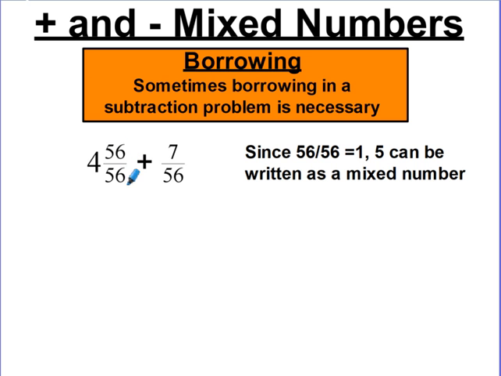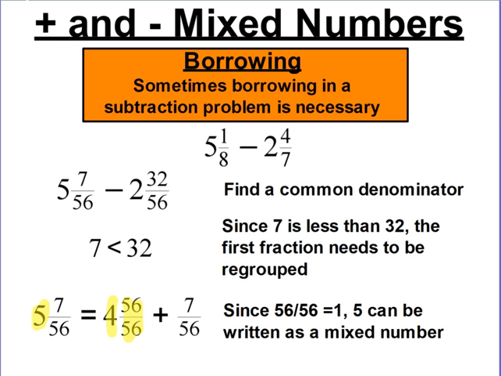The 4 and 56 over 56 plus the 7/56, we're going to combine by adding numerators just like we always do. So 56 plus 7 is 63. So 4 and 63 over 56 is the same thing as from the previous slide right here, 5 and 7 over 56.